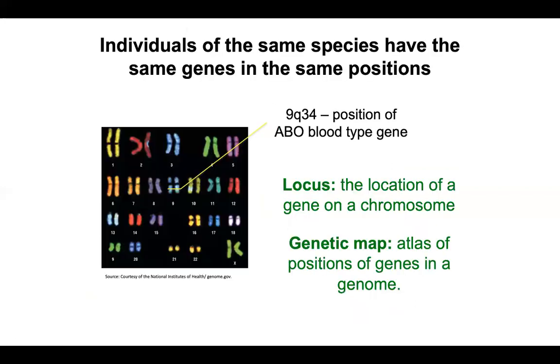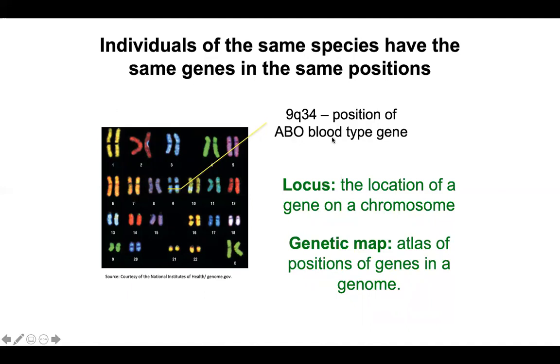Okay, so one other piece of information is a set of definitions here. And one rule of thumb that holds up in most cases is that individuals of the same species tend to have the same genes in the same positions.